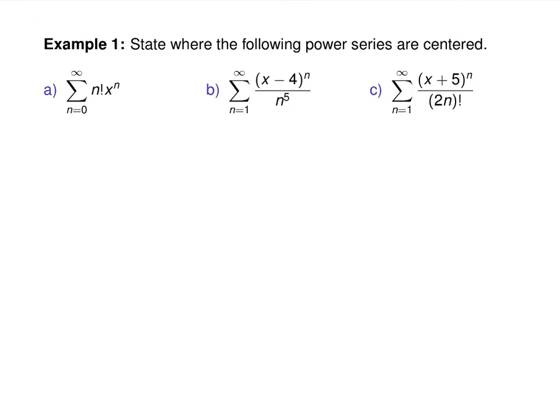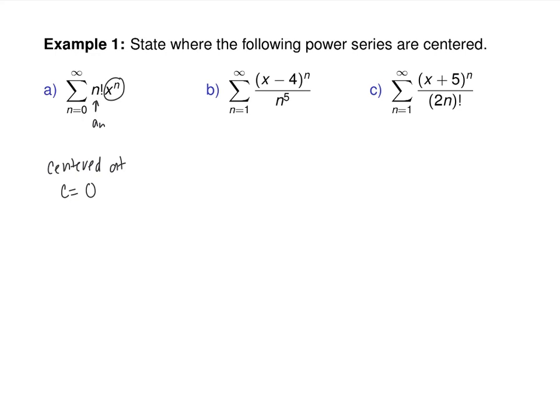So first, state where these following power series are centered. So notice this is just x to the n. This part is the a sub n part. So this is centered at c equal to 0.